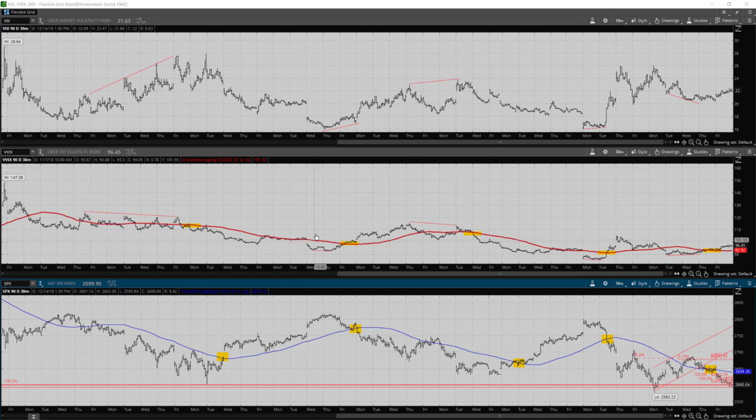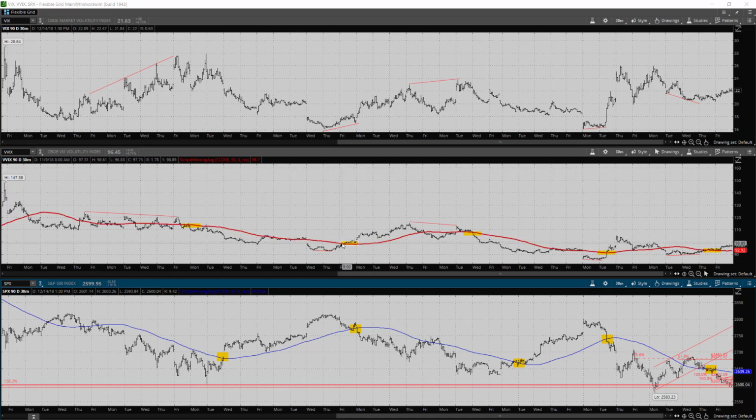Now the next signal we got here is over here. We had VIX making higher lows, and then VVIX made lower lows, so you had the divergence.